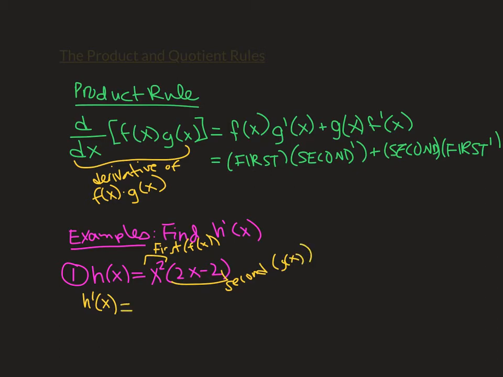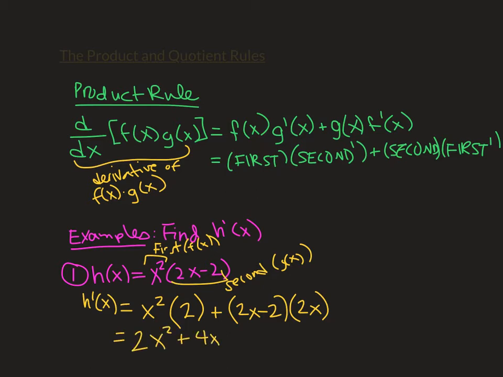So remember, we're going to do our first term, x squared, times the derivative of the second term. The derivative of 2x minus 2 is going to be 2 minus 0, or just 2, plus the second term, which is 2x minus 2, times the derivative of the first, which is going to give me 2x. So from there, you can simplify this all out.